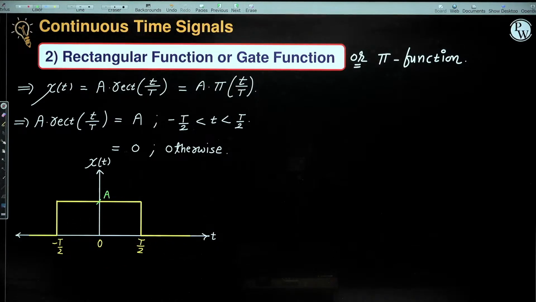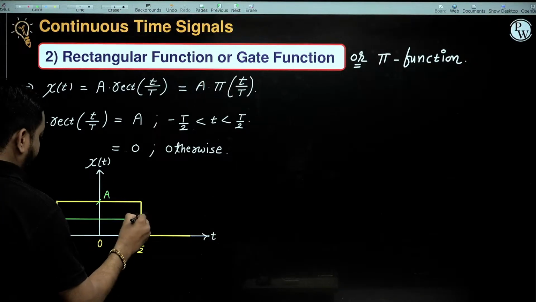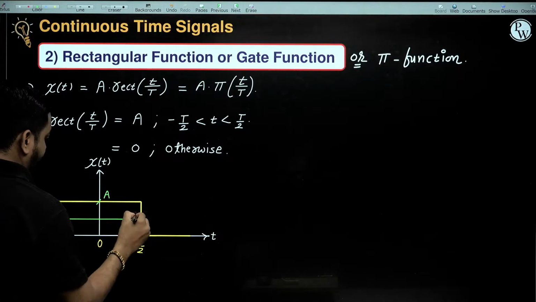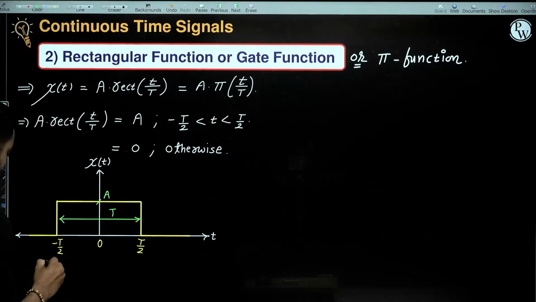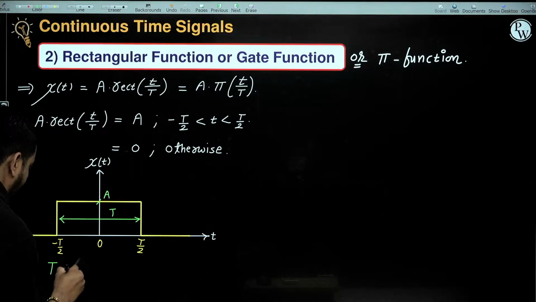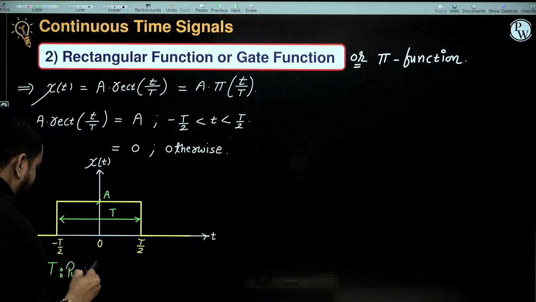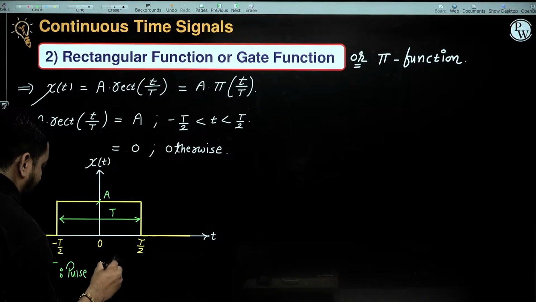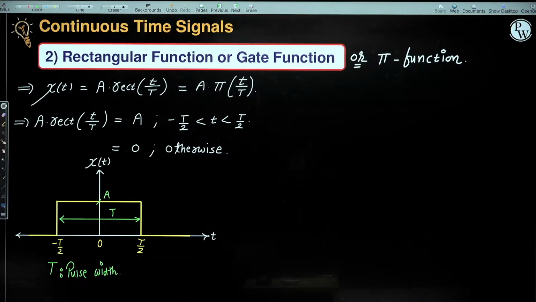Here capital T is the pulse width, and A is the amplitude.